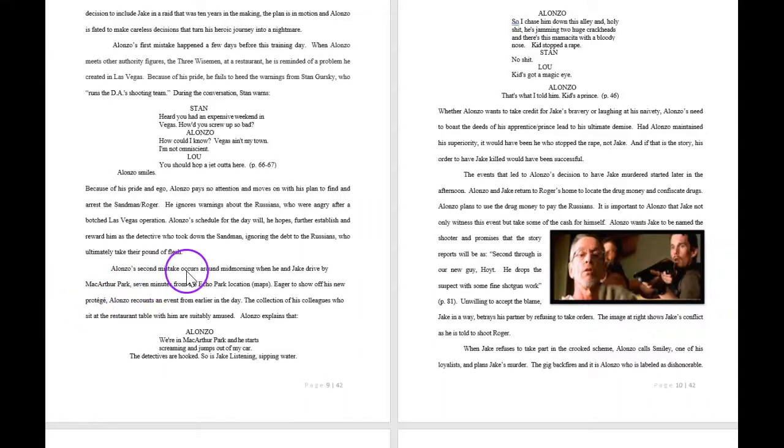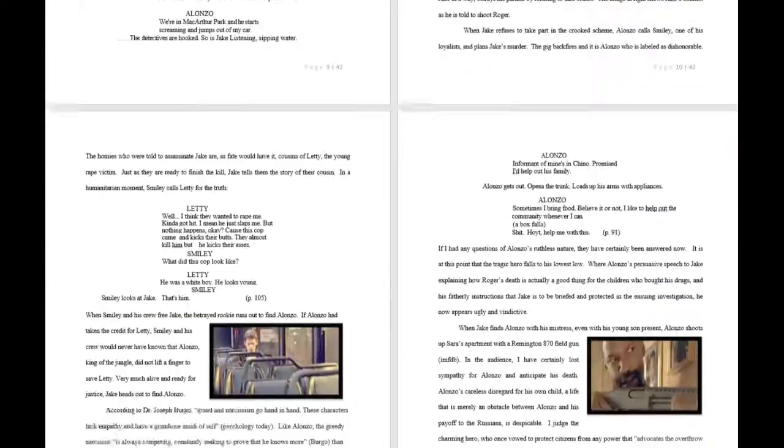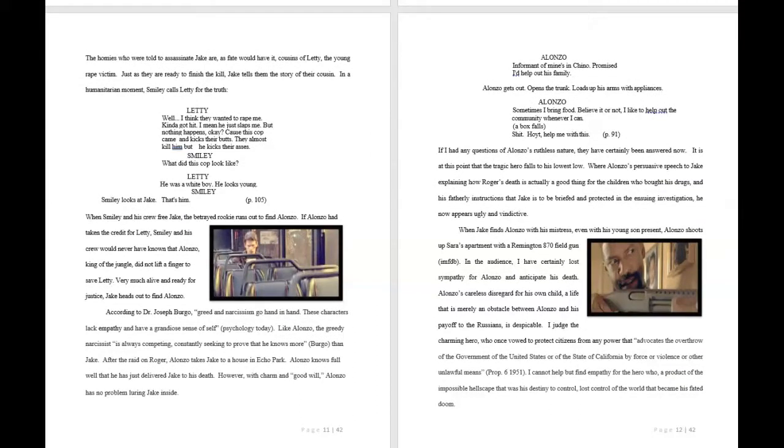Here's the second mistake, the choice that he makes. And then the events that lead to his decision to have Jake murdered started later in the afternoon. And so we're going through the chronology of this second tragic mistake that he makes. And the choices that he makes cause him to underestimate Jake and think that Jake is just going to go along with everybody and thinks he's fairly weak.